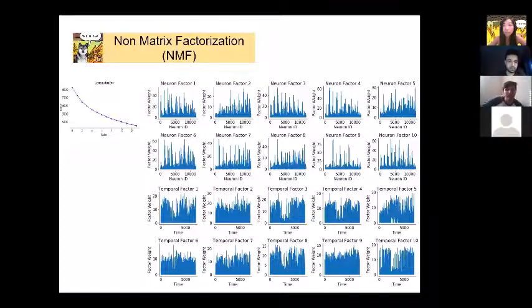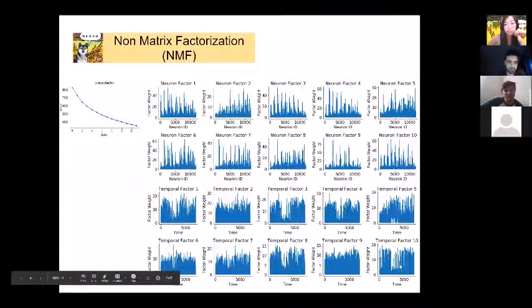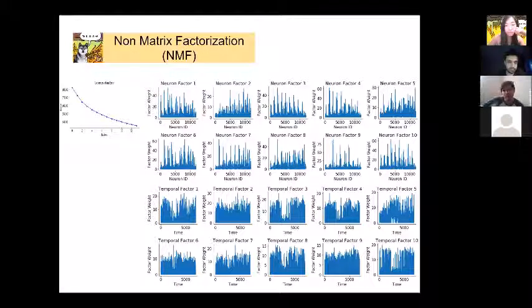So this group of neurons in neuron factor 1 is somehow co-activated together, and they have this temporal factor 1. Unfortunately, we were unable to determine how many factors to ask for. We looked at reconstruction error, but that seemed to just decrease over the number of factors, and it was unclear. But for the moment, we asked for anywhere between 3 and 10 factors.